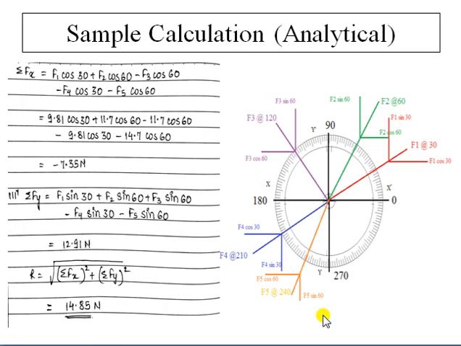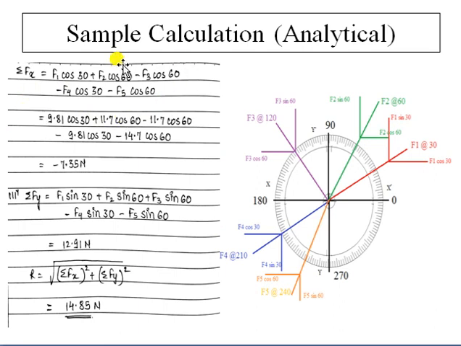As we have to discuss the equilibrium condition, first we will take the summation of all the horizontal forces. So summation of Fx, and then we will consider all the forces in the horizontal direction, which is F1 cos 30 plus F2 cos 60 minus F3 cos 60 minus F4 cos 60 minus F5 cos 60.